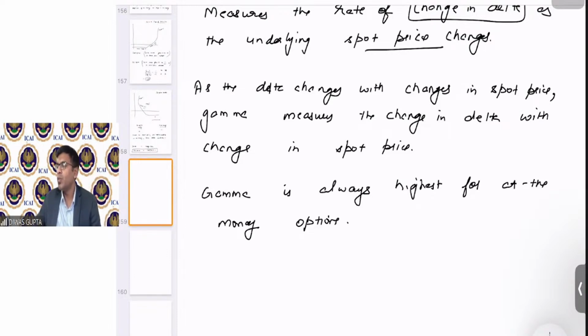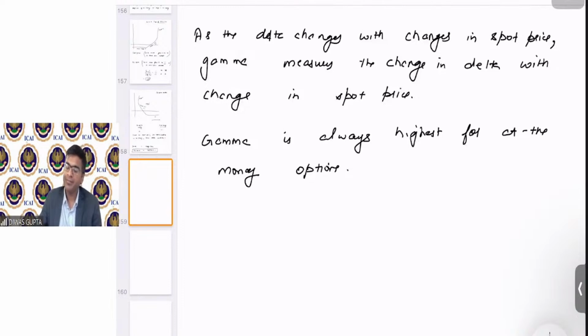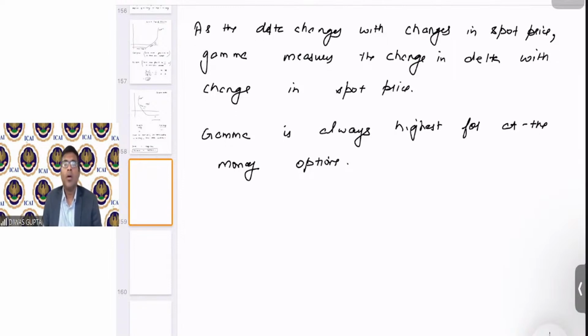Students, can you imagine why? Because for at the money, once the option crosses from out of the money to at the money to in the money, the delta changes very fast, right? So the delta change will be highest when it is at the money.